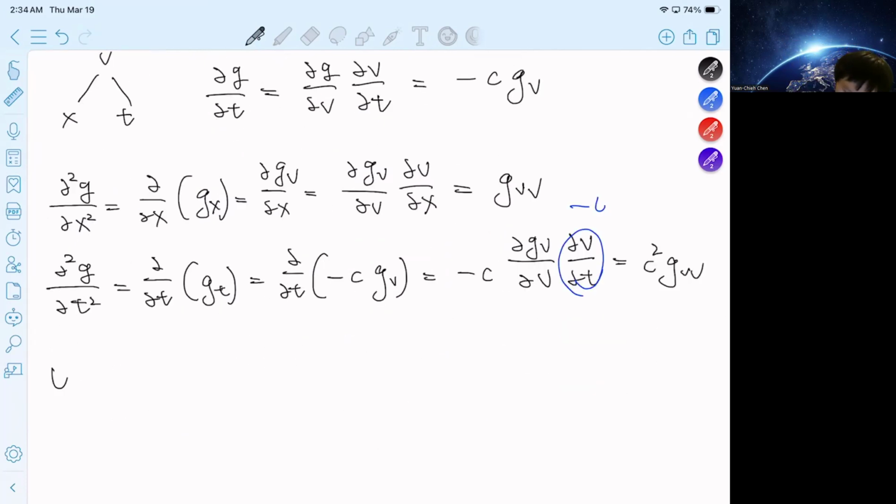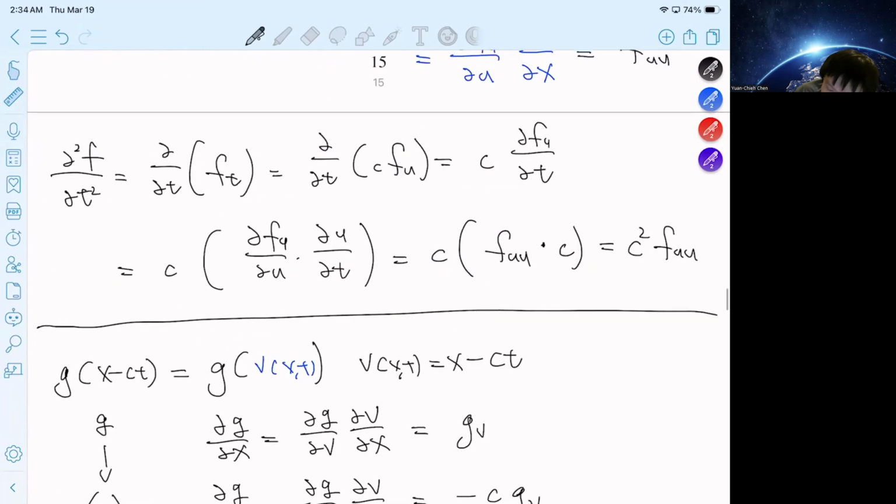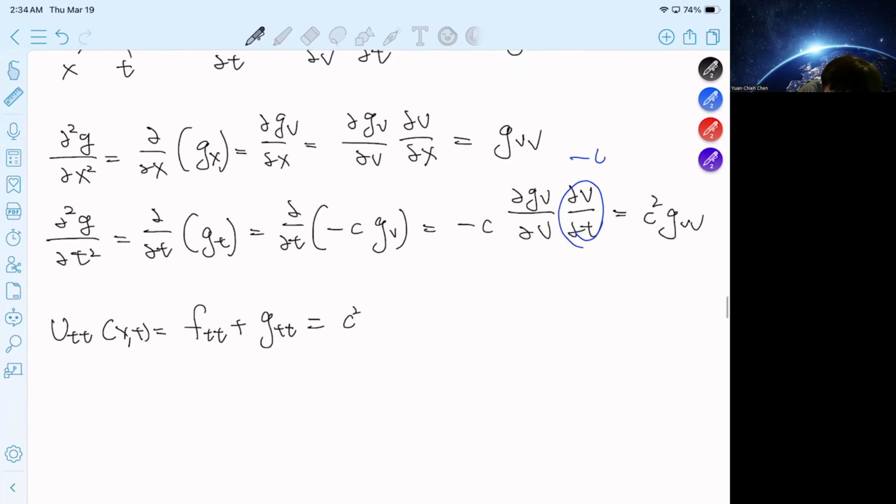So we have u_tt, which will just be ftt plus gtt. So ftt above is c squared fuu, and gtt above is c squared gvv. And uxx will be fxx plus gxx.